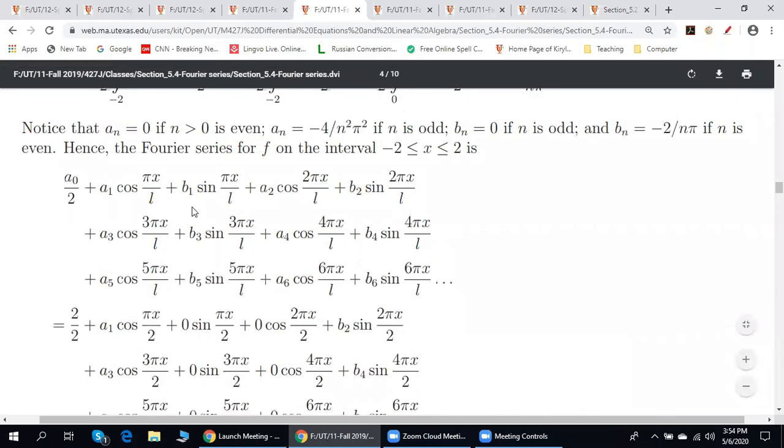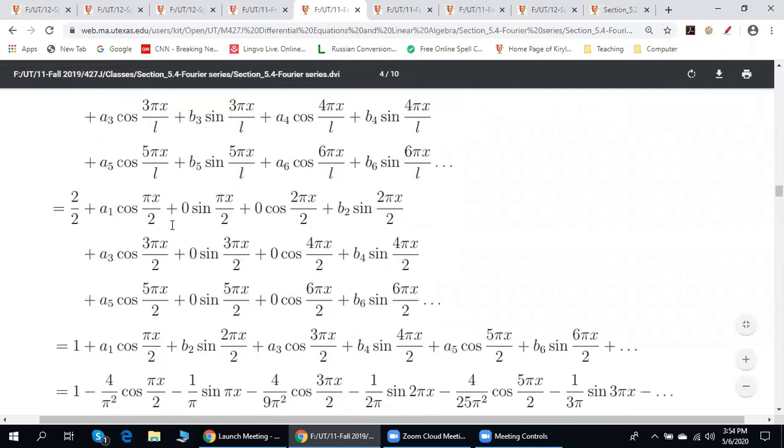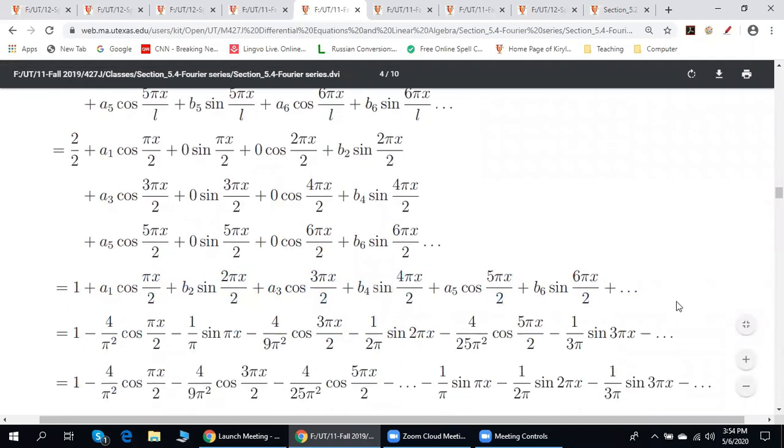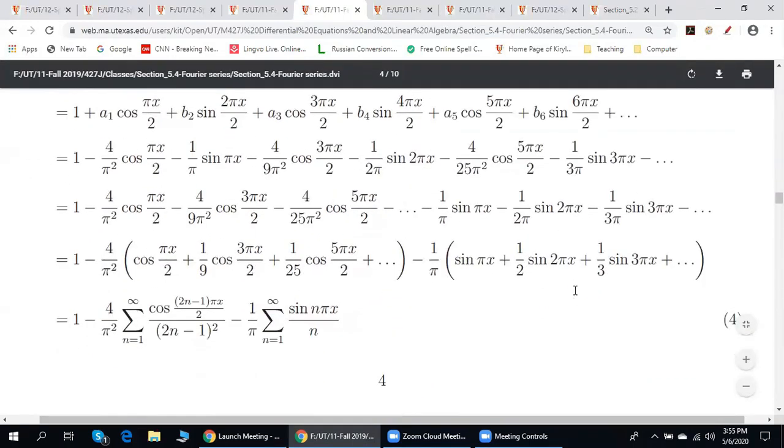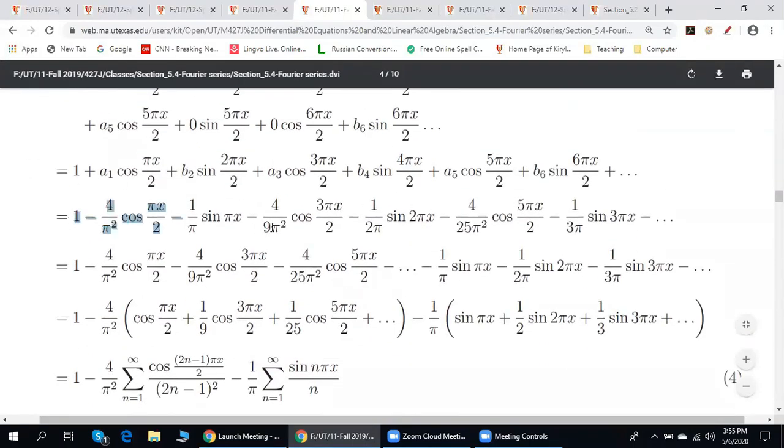We replace odd b's by zeros, even a's by zeros, and get rid of the zero terms. Done. Lastly, we use these two formulas to replace the remaining a's and b's. Here is the final answer.